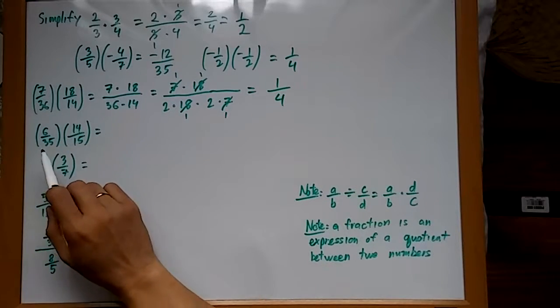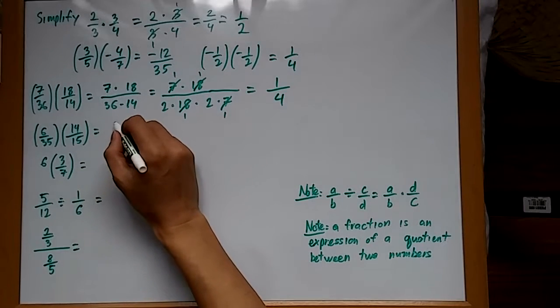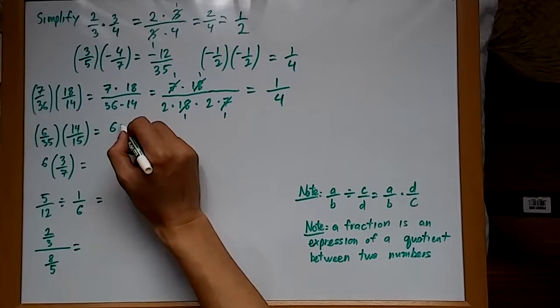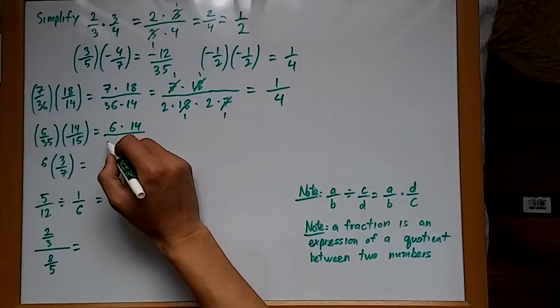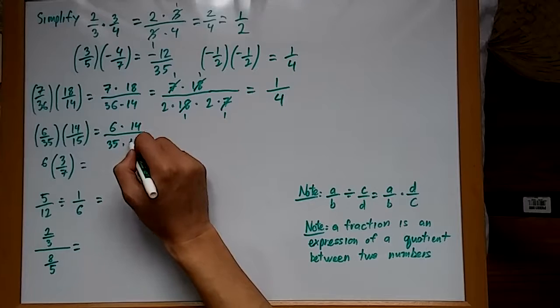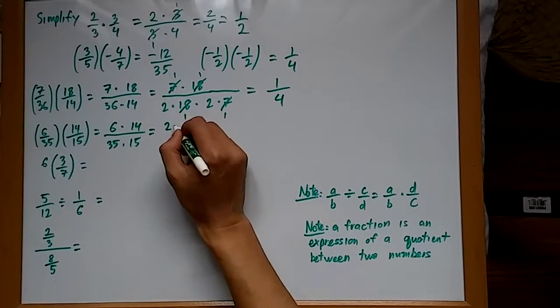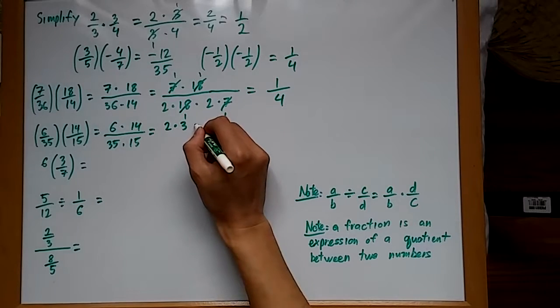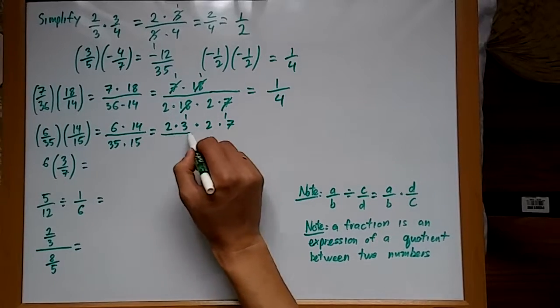Our next problem here, we have 6 over 35 times 14 over 15. So we write them down in their multiplication expression, and we break it out further. So 6 is 2 times 3, and 14 is 2 times 7.